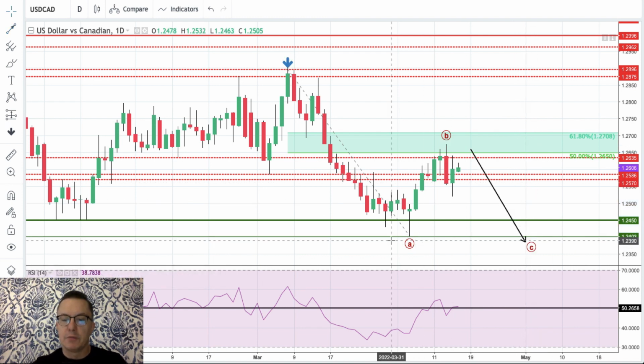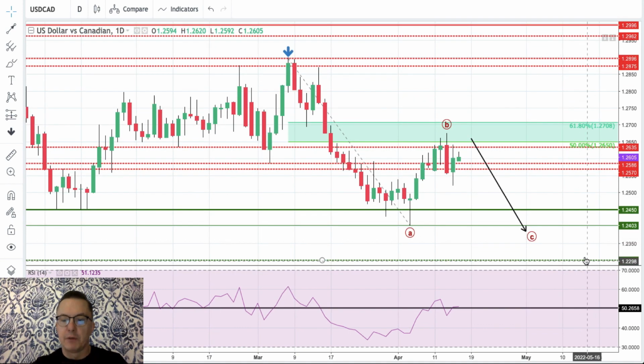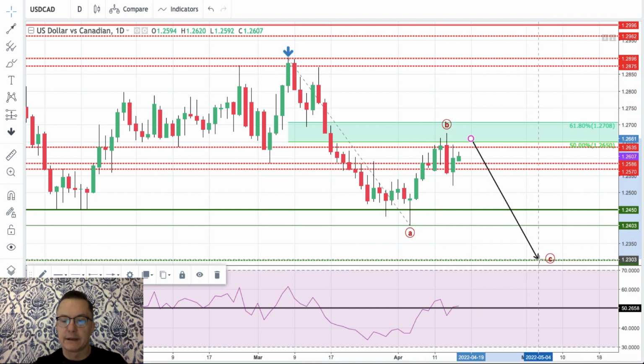Wave C should go below the low of the wave A. Low of the wave A is at 1.2403, so we should go a little bit lower than this, possibly towards 1.2301. And then the ABC pattern should be completed. Let me just put the wave C down here, and this is the target level for the wave C.